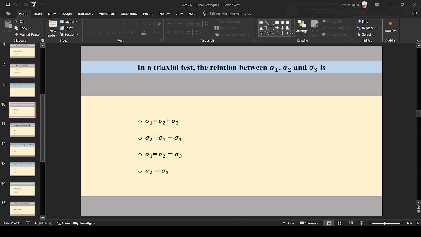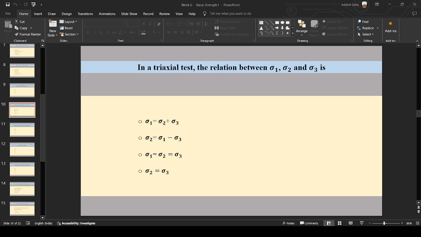In a triaxial test, the relation between sigma 1, sigma 2 and sigma 3 is. Now what are sigma 1, sigma 2 and sigma 3? Sigma 1 is the major principal stress on the sample. Sigma 2 is the intermediate principal stress, and sigma 3 is the minor principal stress on the sample.